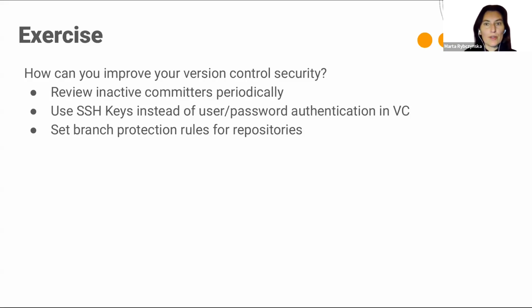If you are still using user and password for login to the version control, create SSH keys, it's easy. And think about what kind of branch protection rules may be useful for your project. Not too constraining at this time, but just useful and in line with the best practices that your project is actually following.